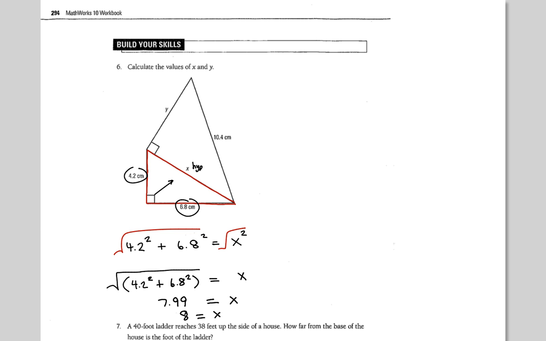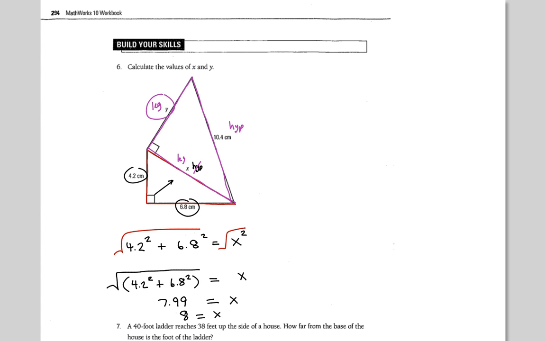Now, since I have x, I can use that in the next triangle, which I'm highlighting here in purple. Now, this is no longer the hypotenuse. This is a leg. This is a leg, and 10.4 is the hypotenuse. And they're asking us to solve for y.